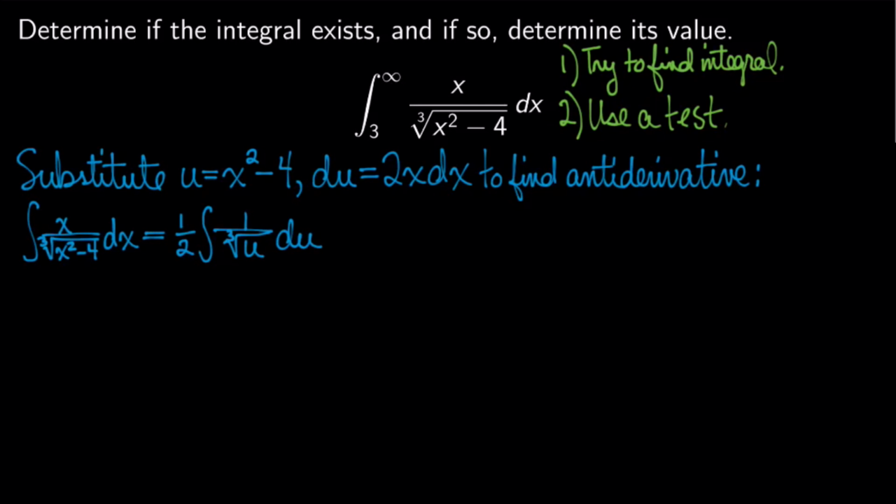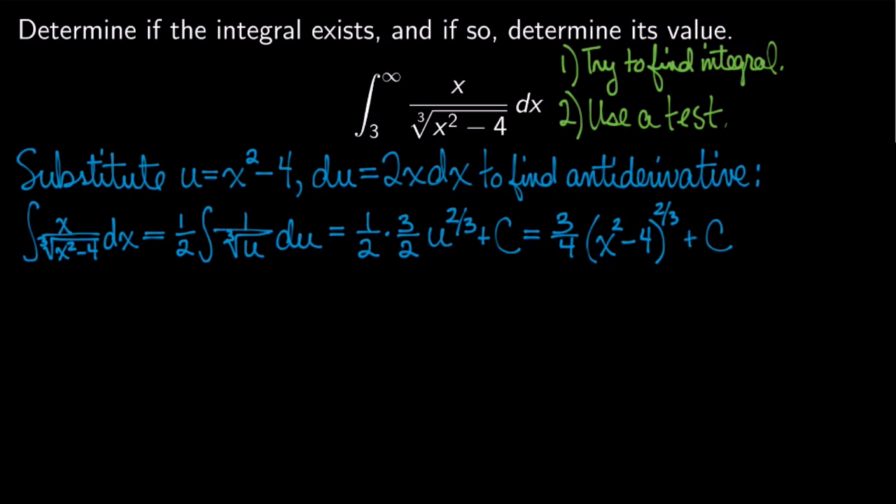I took the x times dx and I replaced it with 1/2 du using this. And I took the x squared minus 4 on the bottom and I just replaced it with a u. That's how I did that. So this guy, total joke, use the power rule. So that's actually going to be equal to 1/2 times 3/2 u to the 2/3 power plus c. And I do a little back substitution and bam, antiderivative. Okay, I got my antiderivative.